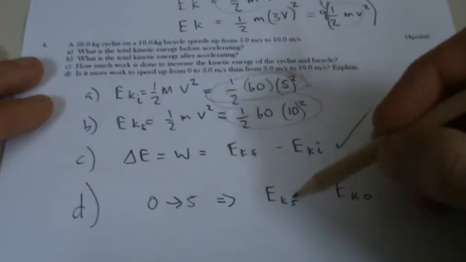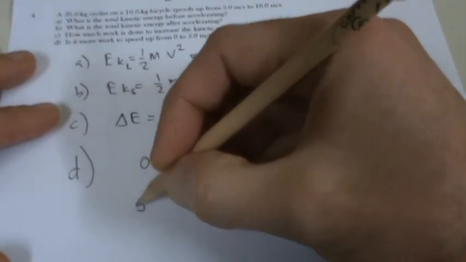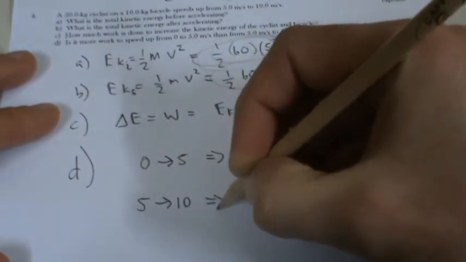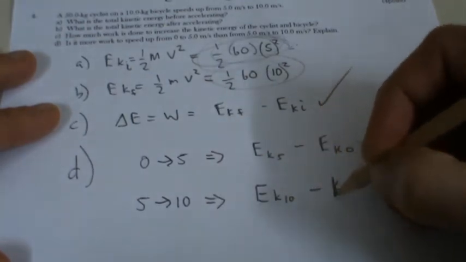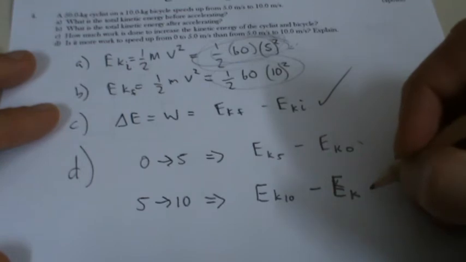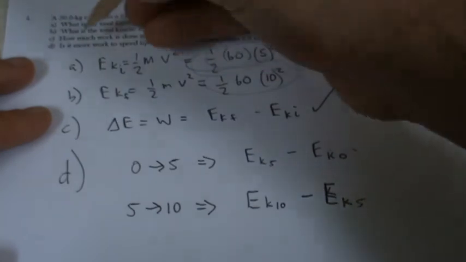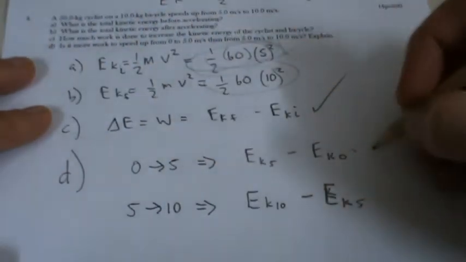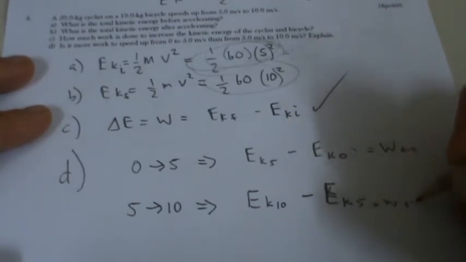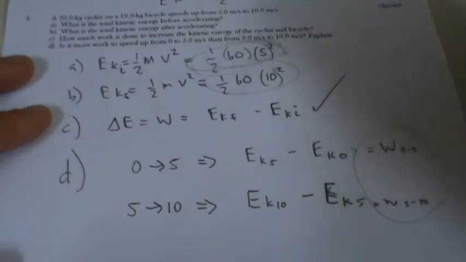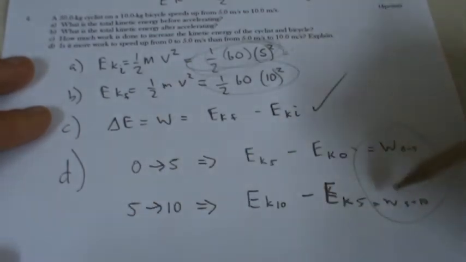You figure out both kinetic energies using the formula. The one at 0 is going to be 0. Then to speed up from 5 to 10, you figure out kinetic energy at 10 minus kinetic energy at 5. The question is which is more work. This is the work from 0 to 5, and this is the work from 5 to 10, and you just have to figure out which one is bigger. If this one is bigger, then it's more work. It turns out this one is bigger.